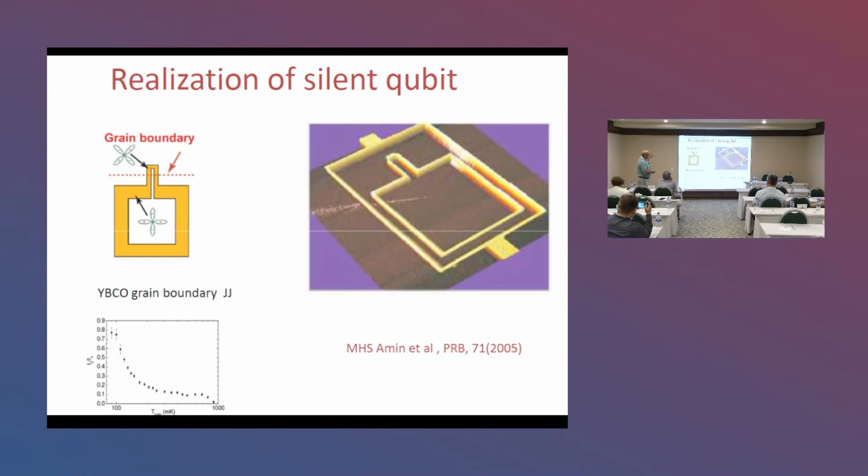Silent qubit means without any external magnetic field, and in this case, due to the absence of external magnetic field, coherence time should be better.